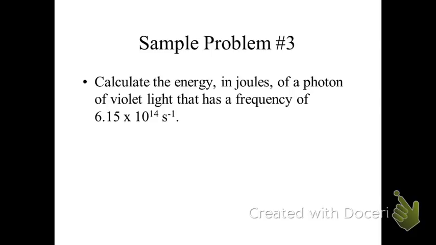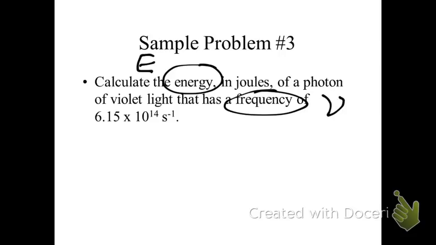So calculate the energy in joules of a photon of violet light that has a frequency of 6.15 times 10 to the 14th. So the first thing we're going to do is pick out keywords. We have energy and we have frequency. So we need to find the equation that has energy and frequency, which happens to be E equals h nu.